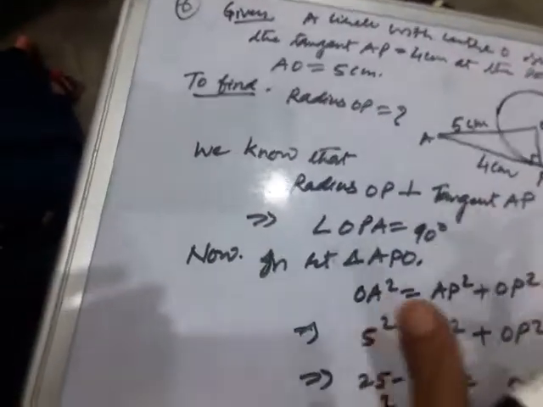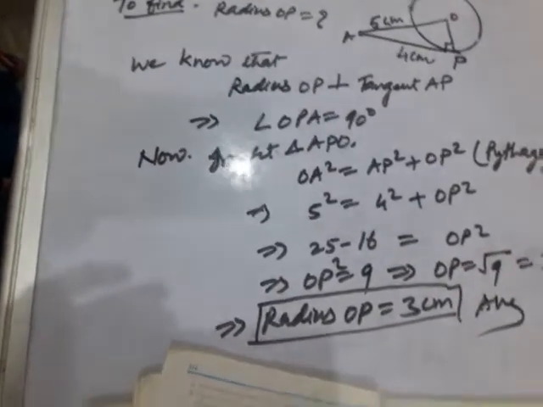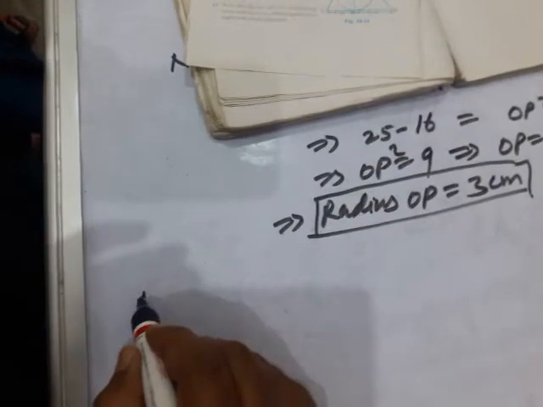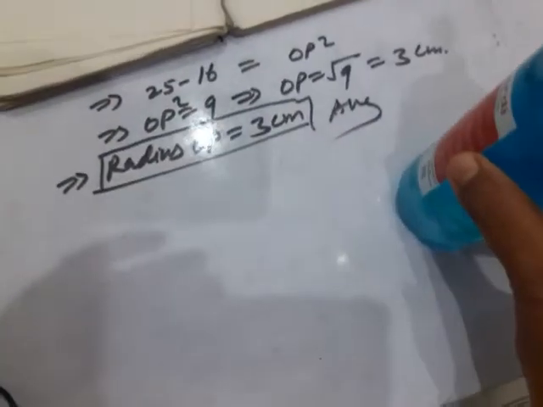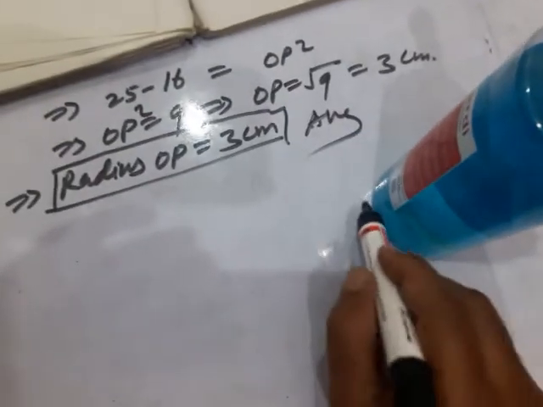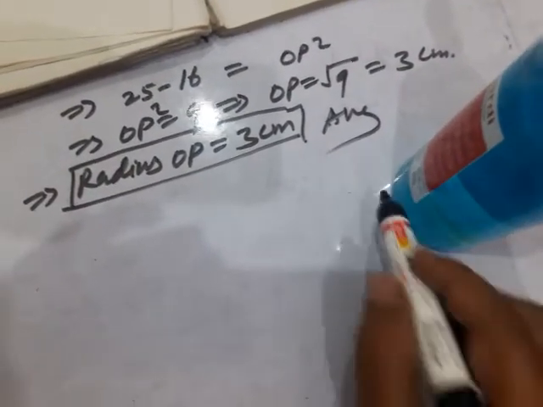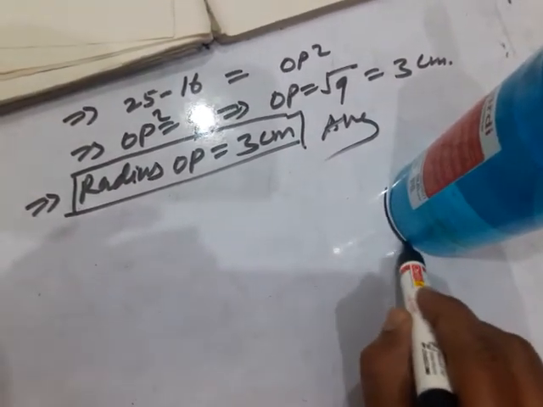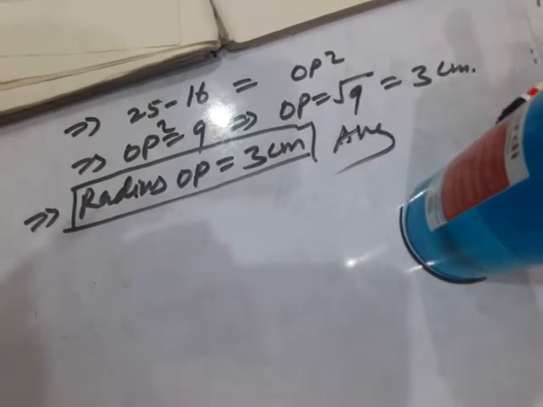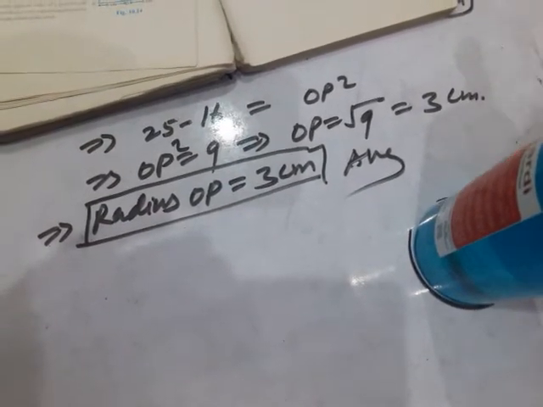Okay, children, I hope you have noted question number 6. Now let us move to question number 7. What does it state? Let us draw two concentric circles. See, this is our immediate TLM that is present with us, that is a bottle of sanitizer.